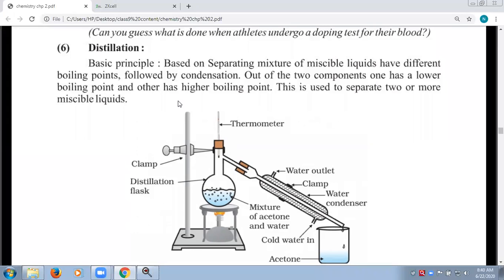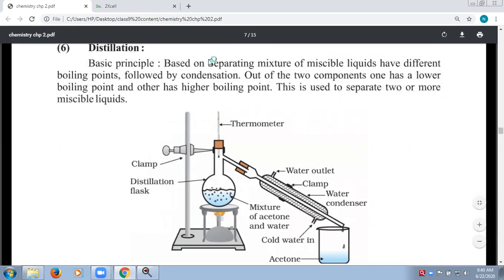Now, this method is basically used to separate two or more miscible liquids.